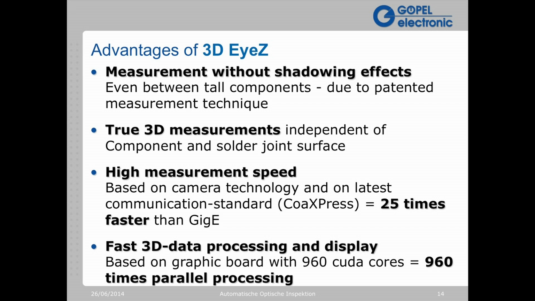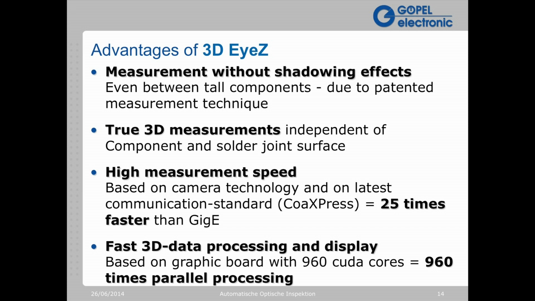The 3D measurements are independent of component and solder joint surface. This projection of white light will produce a reflection that we can measure regardless of the surface that's being projected upon.